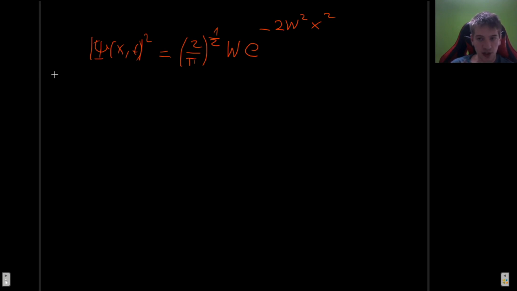Now I do want to make just a quick stop here to discuss what happens with this probability function as time continues. In the first instant of time, this is going to be a function like this, centered around x0, and as time moves forward, this will be flattening out.